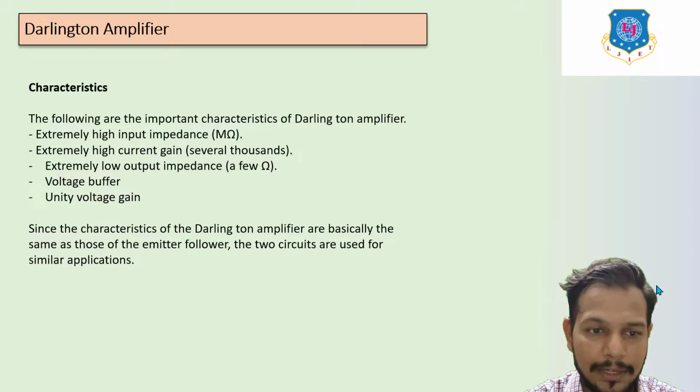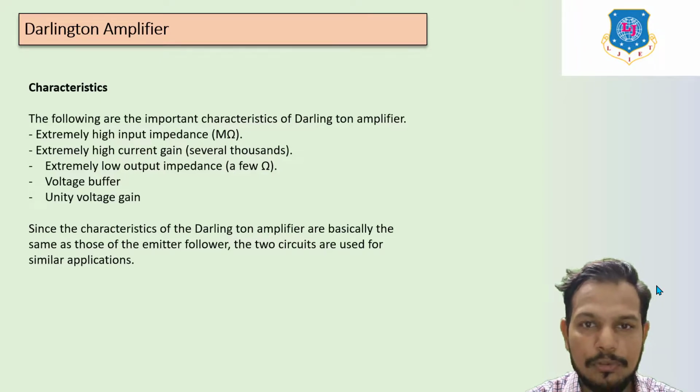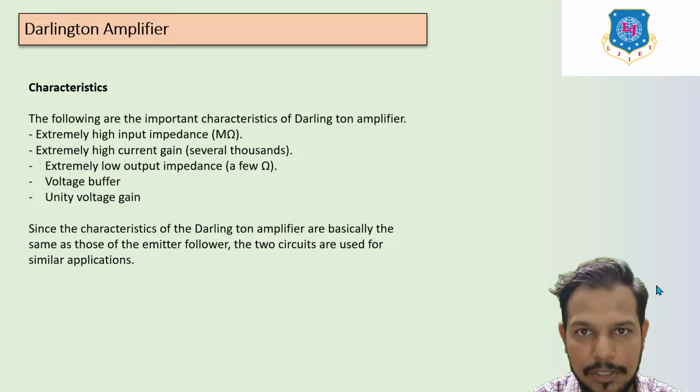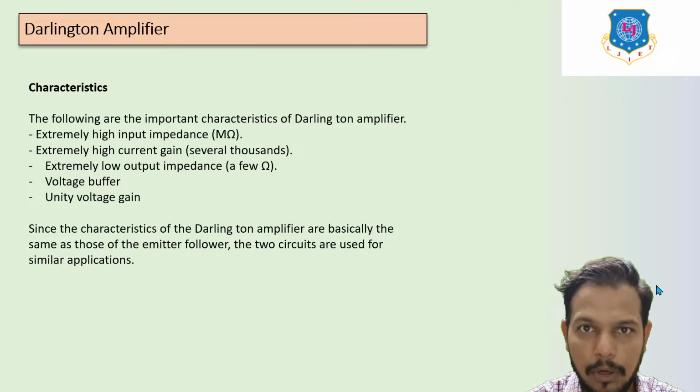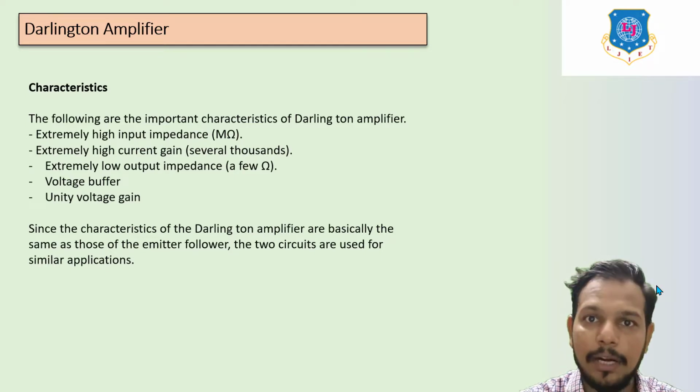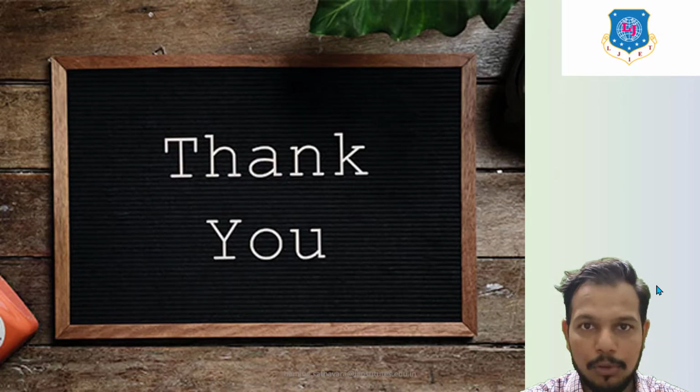Since the characteristics of the Darlington amplifier are basically the same as those of the emitter follower, the two circuits are used for similar applications. I hope you understand the Darlington amplifier and the multi-stage CE amplifier. That's it for today's lecture.